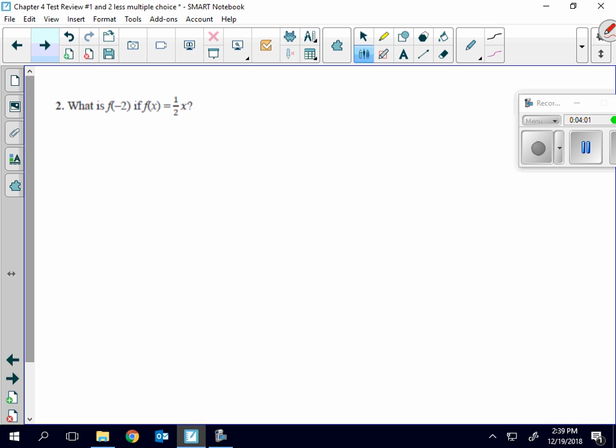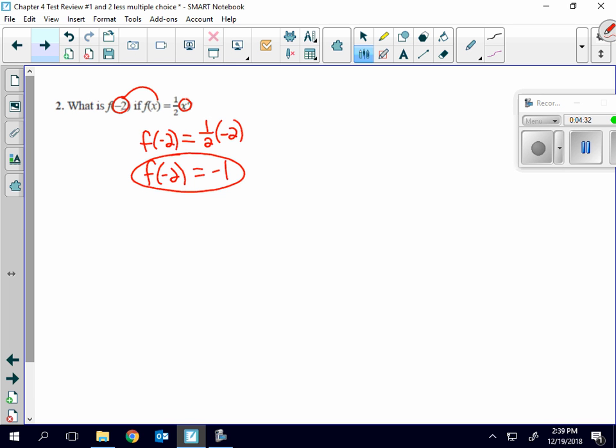What is f of -2 if f of x is 1/2 x? All you're doing is plugging in -2 every time you see x. I see it once here, and I see it there. So f of -2 equals 1/2 of x, which is -2. f of -2 equals half of -2, which is -1.